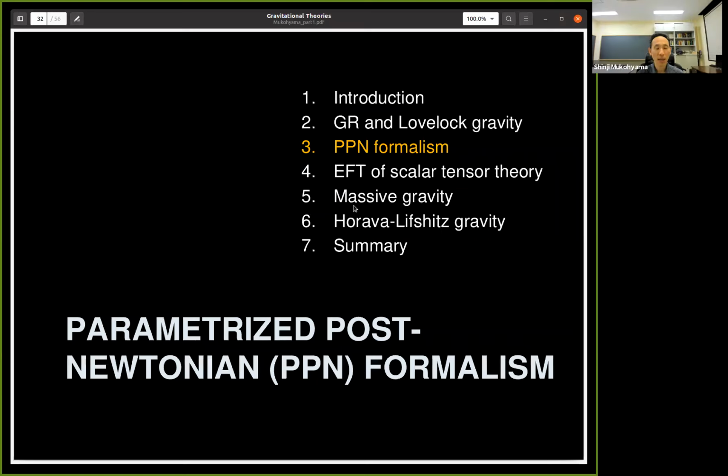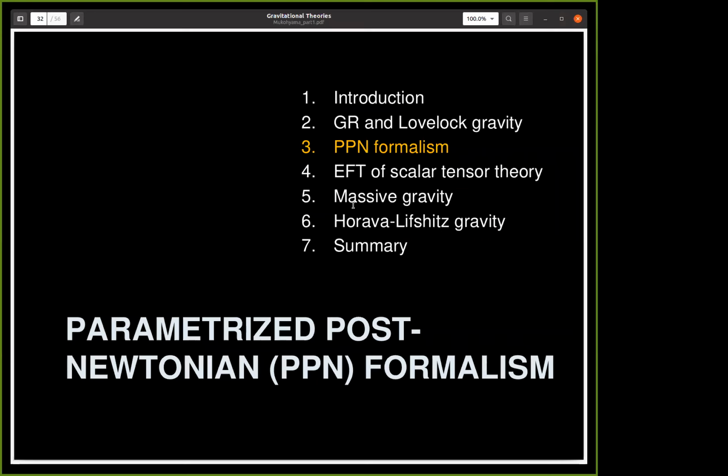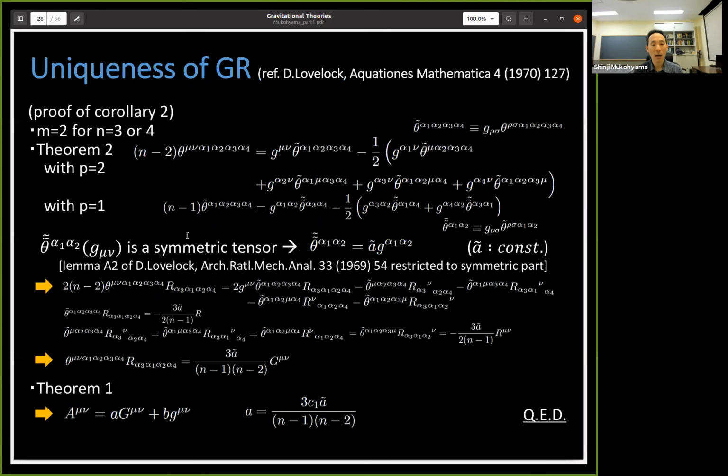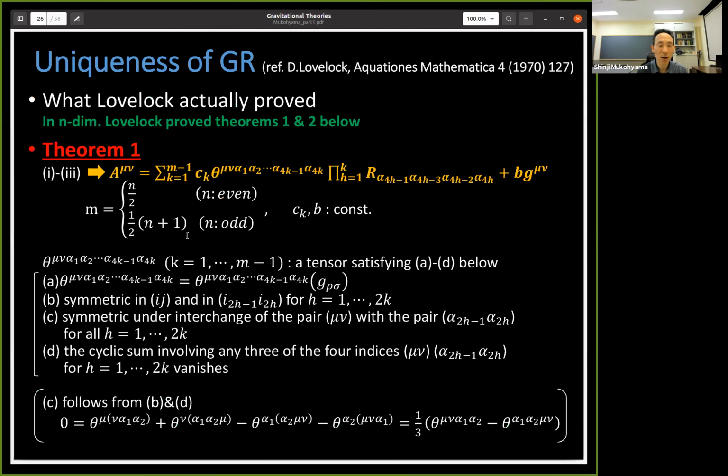Shall I move on to the next part? There is another question: in the n equals 2 corollary 1, there is no Einstein tensor. What is the consequence in geometry of the space? We just don't know how to fix the metric. That's all.